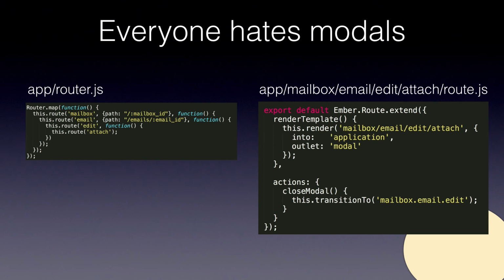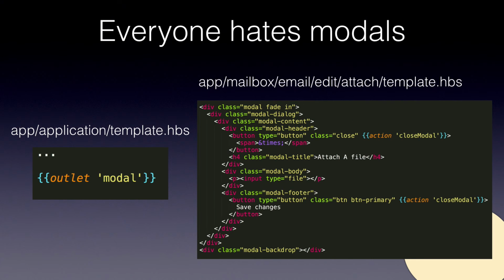Basically, we're putting this modal named outlet into the application template, and this is just the bootstrap modal stuff. I mean, it's quite verbose, but all that is just some stuff that's nicely styled to look like a modal. So it's all CSS that's making it show up in the middle of the screen, and the backdrop is blacking out the background.